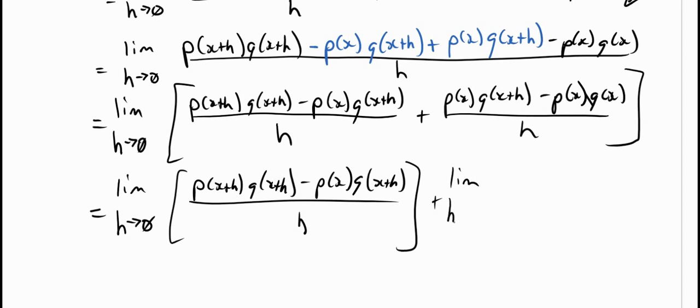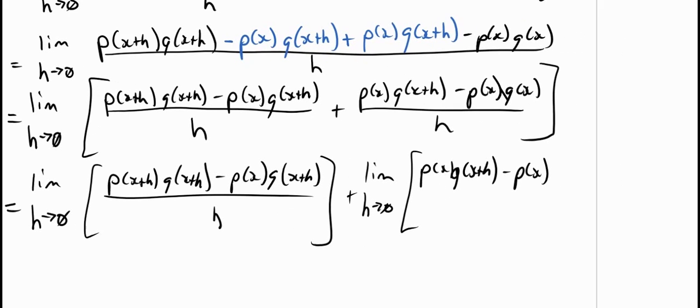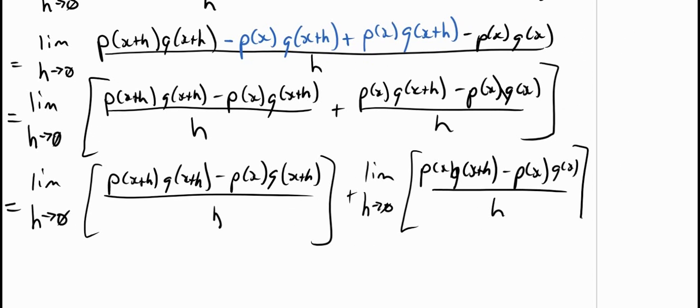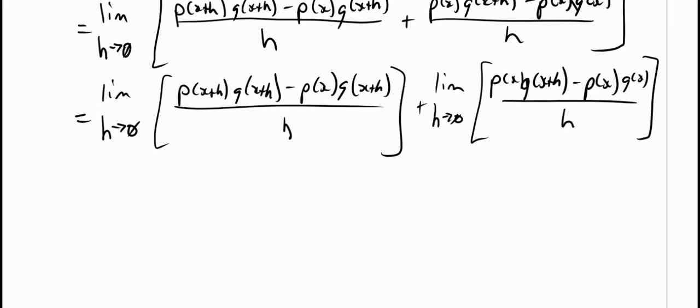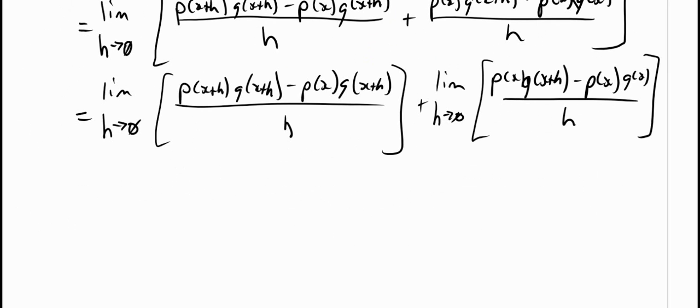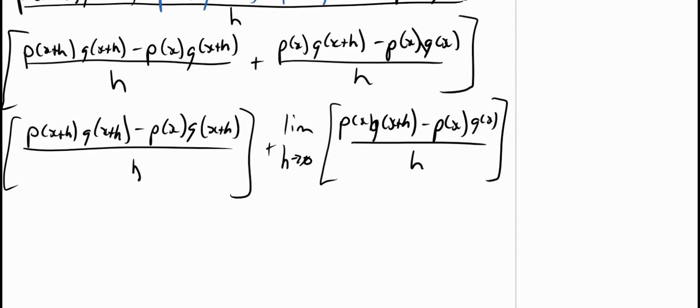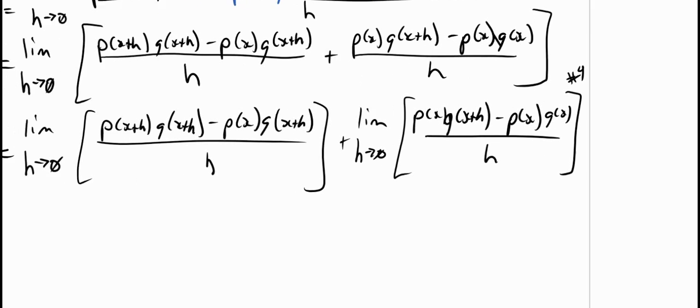Maybe that's a good way of doing it to keep it consistent. That's limit property number 4 again. I don't have room on the side of my page to write the whole thing, so limit property number 4, right?